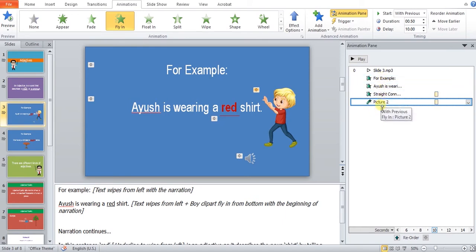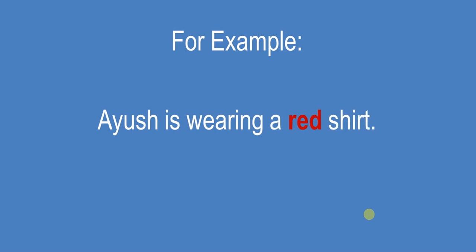And when you select start with previous, what will happen is that this will start with the previous one, whichever is above this. So at the moment it will come when the underline is appearing on the screen. You can see by putting it in slideshow. For example, "Ayush is wearing a red shirt. In this sentence, red is an adjective."